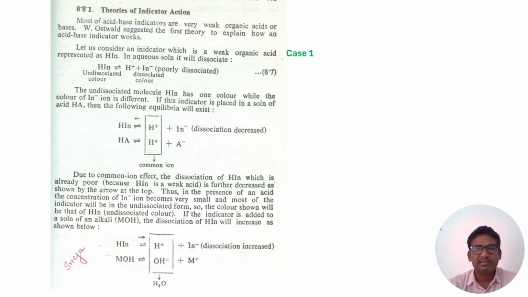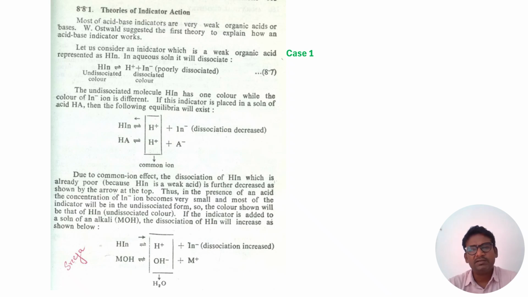Let us consider an indicator which is a weak organic acid represented as HIn. H means proton, In means indicator. So let us consider this as case 1.